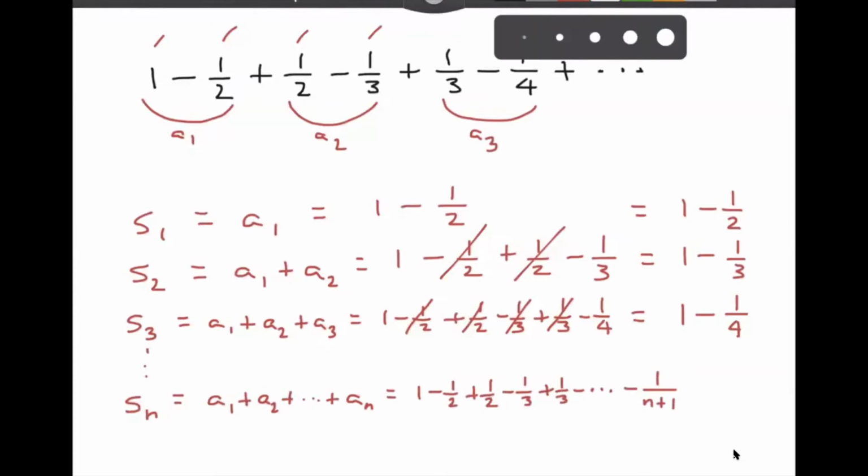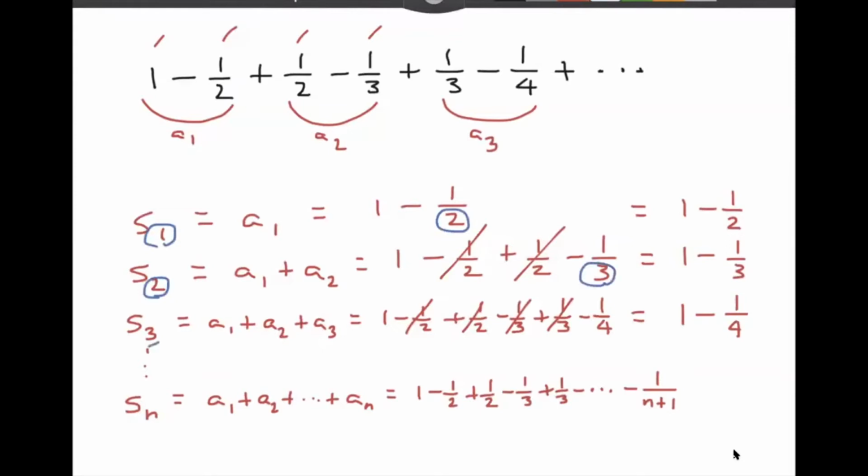Notice that when the subscript is a 1, the last denominator is a 2. When the subscript is a 2, the last denominator is a 3. Subscript 3, last denominator is 4. Subscript n, last denominator is n plus 1. And everything in the middle is going to cancel. The only things that are not going to cancel are the 1 at the beginning and the minus 1 over n plus 1 at the end.